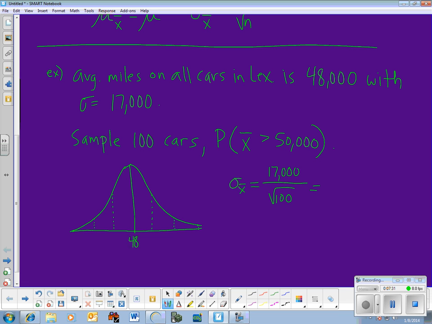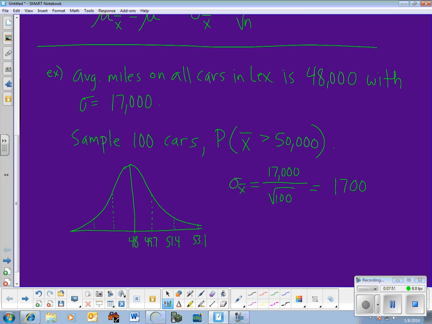So I'm going to be dividing by 10. It's going to make 1,700. So on my graph, that's 1.7. So 48 and 1.7 is 49.7. Another 1.7 is 51.4, and then 53.1, I believe.